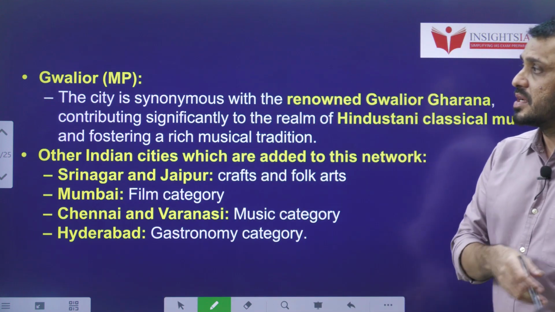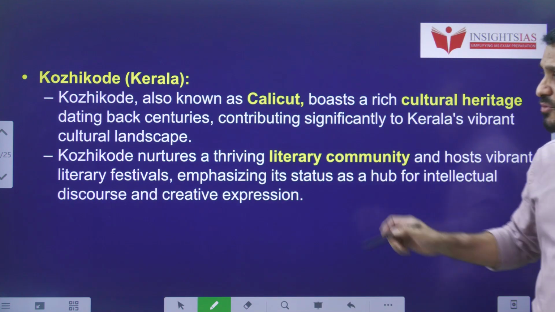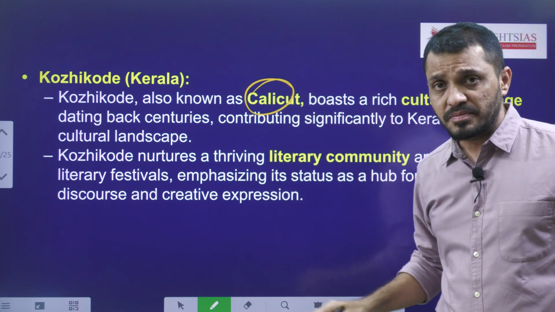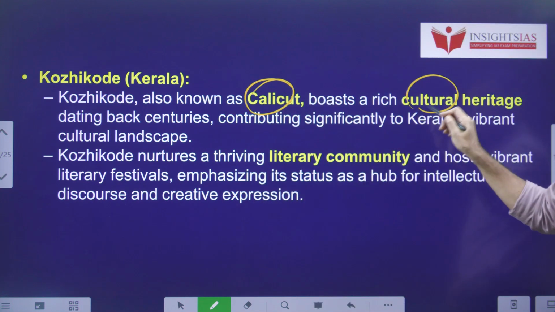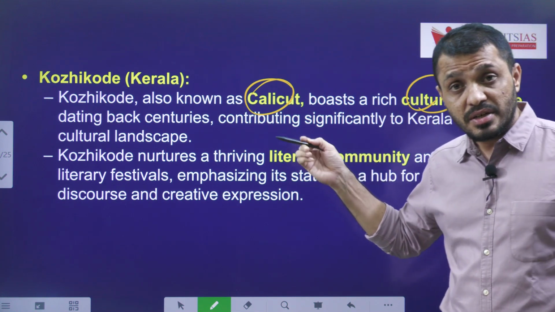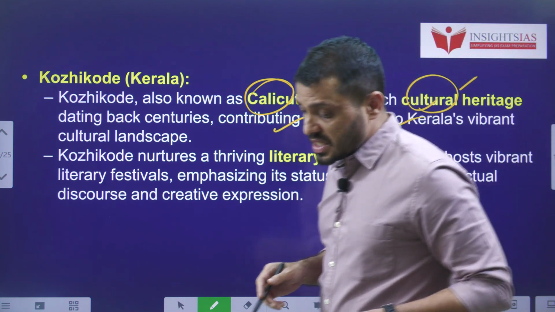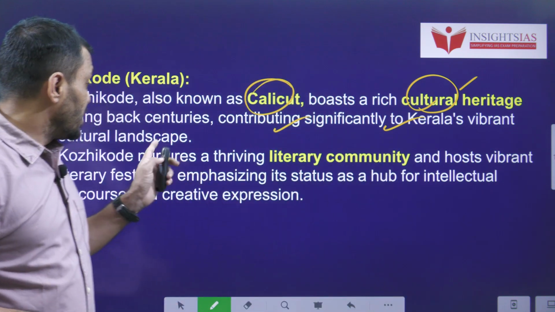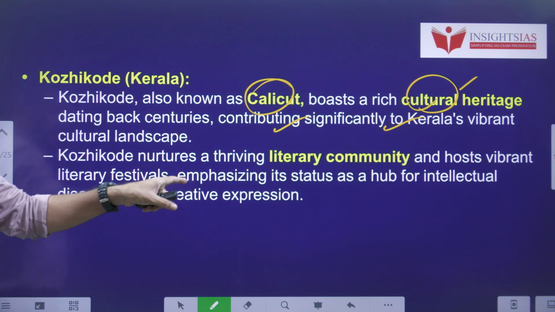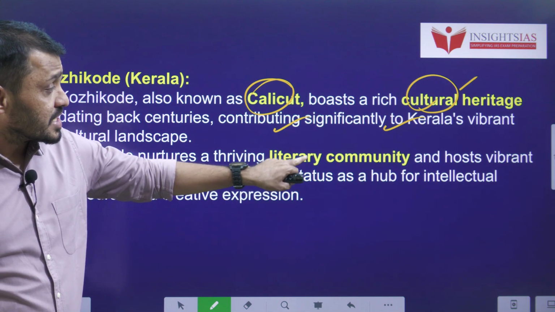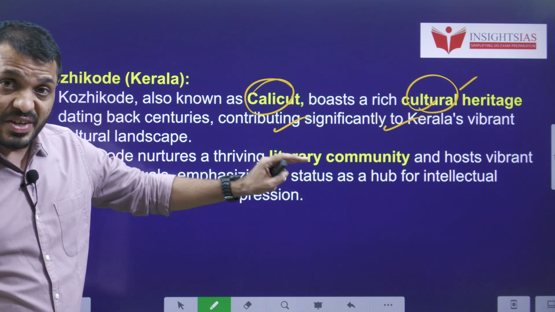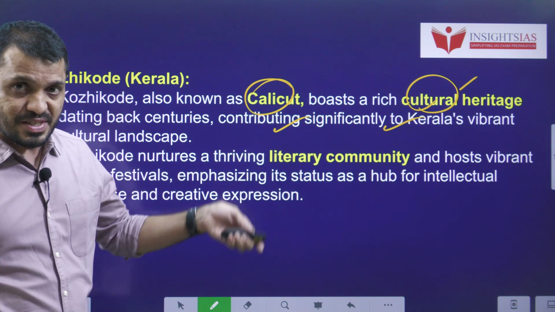Kozhikode, Kerala. The old name of Kozhikode is Calicut, and it boasts a very rich cultural heritage over centuries. It contributed significantly to Kerala's literature. Kozhikode is important to the literary community, and it hosts various vibrant literary festivals as well.